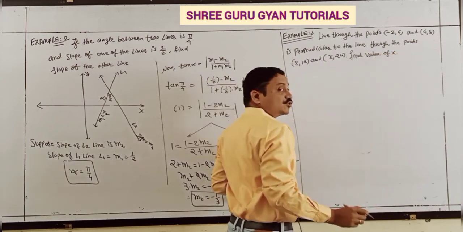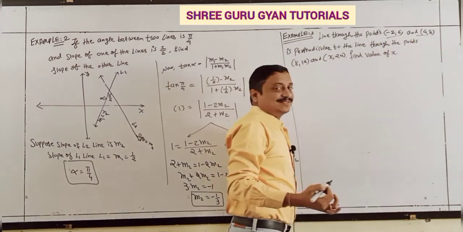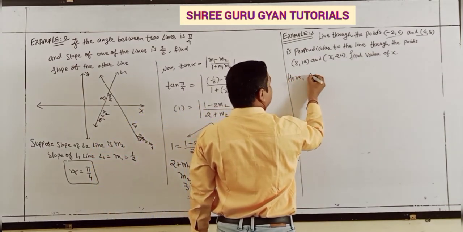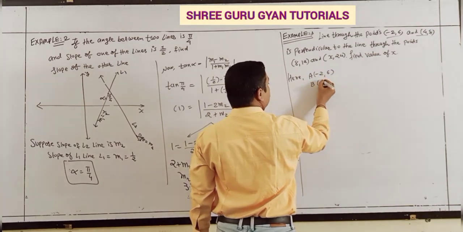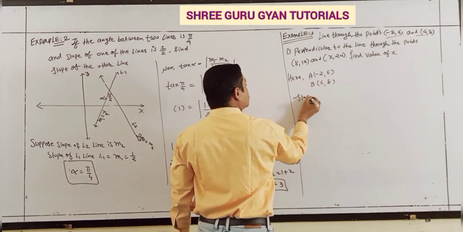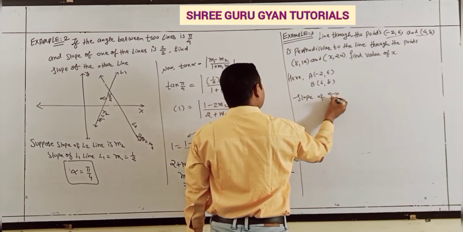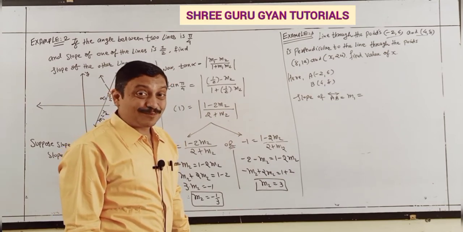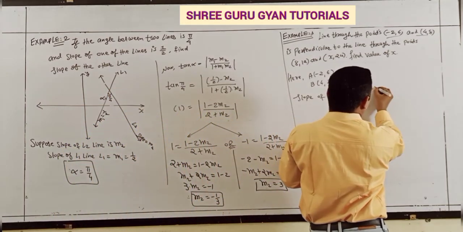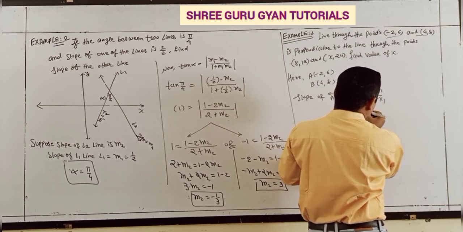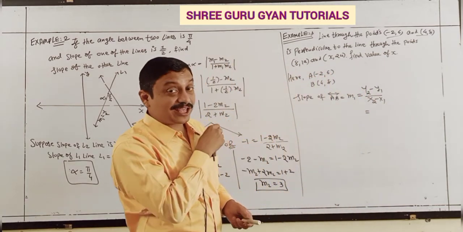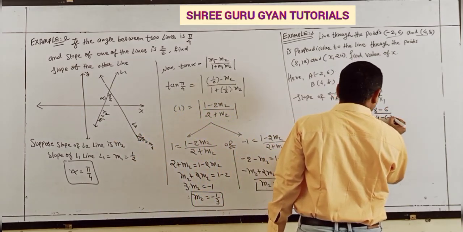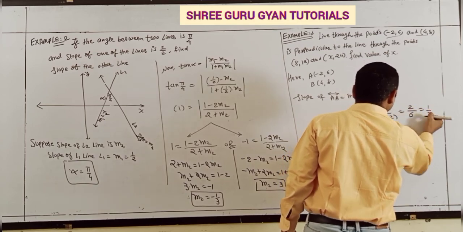Very easy. First of all, I am telling about the first two points, consider them A and B. The first line has A (minus 2, 6) and B (4, 8), and we define the slope of line AB as M1. With points given, the formula is y2 minus y1 by x2 minus x1, where for A and B either can be taken as x1 y1. So 8 minus 6 over 4 minus of minus 2, so 2 by 6, which is 1/3.